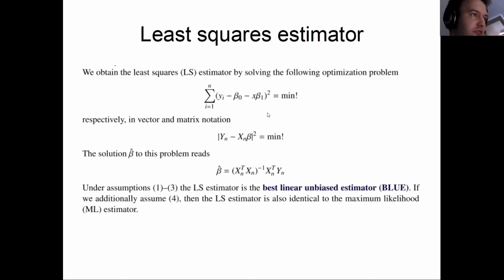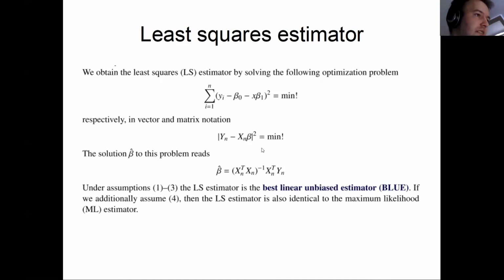Subtract the predicted value from the measured value, square it, and minimize the whole thing. The residual is just the difference between your data point and the imagined line.